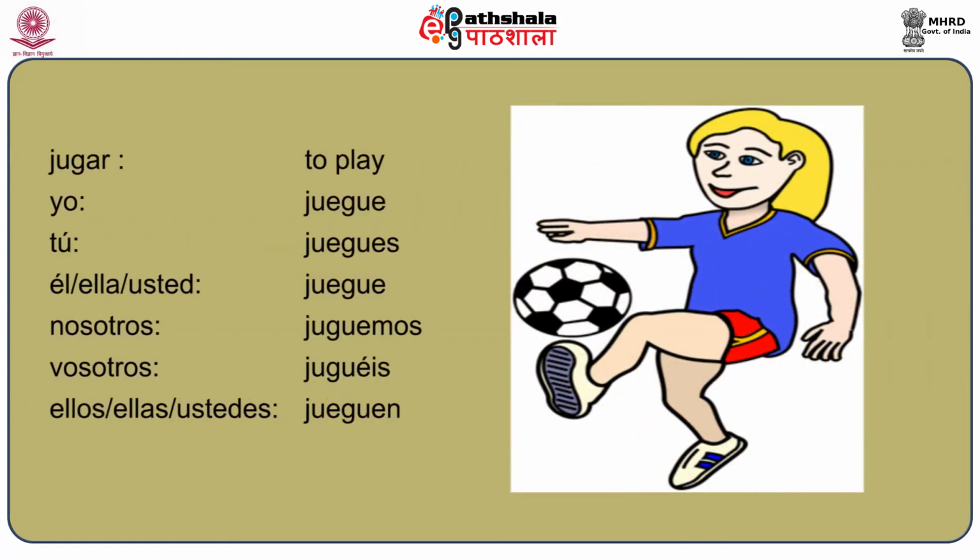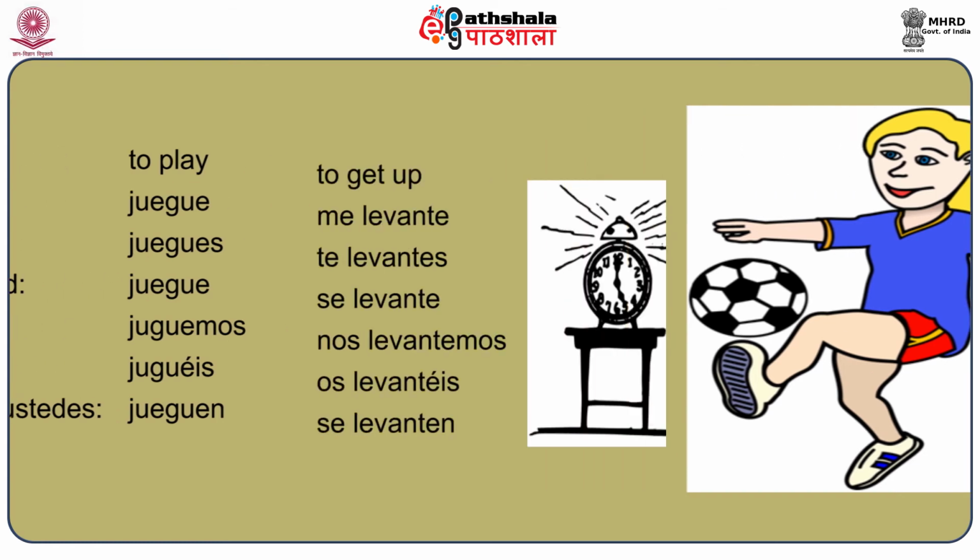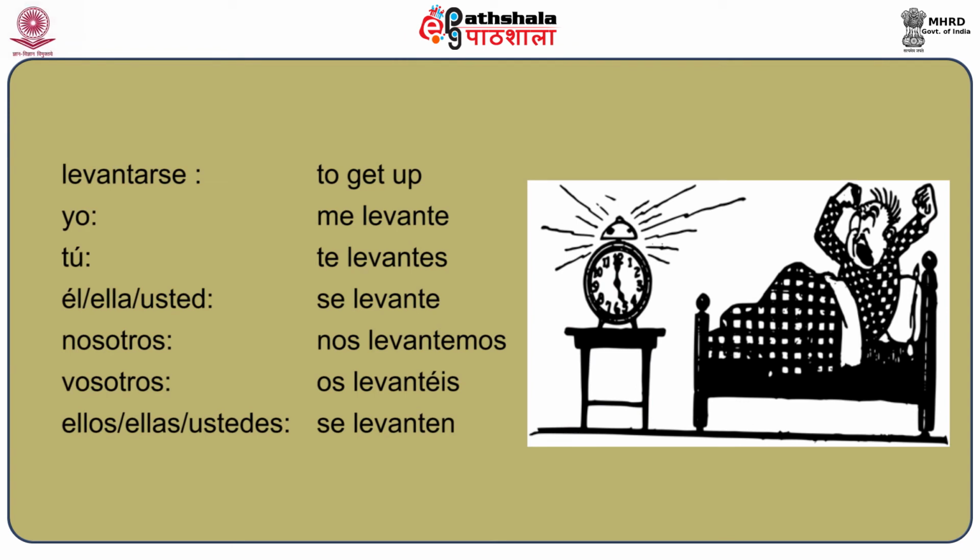The next verb is jugar, which means to play, and the subjunctive conjugations are juegue, juegues, juegue, juguemos, juguéis, jueguen. Levantarse is another reflexive verb which means to get up, and the conjugations are me levante, te levantes, se levante, nos levantemos, os levantéis, se levanten.